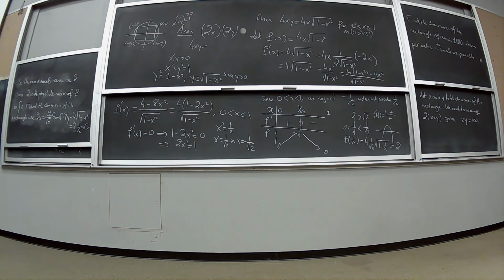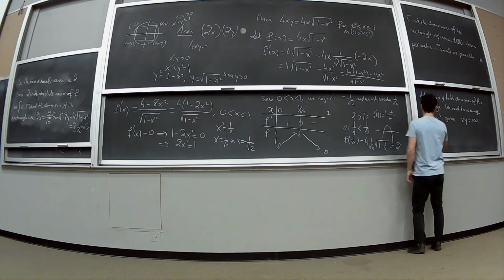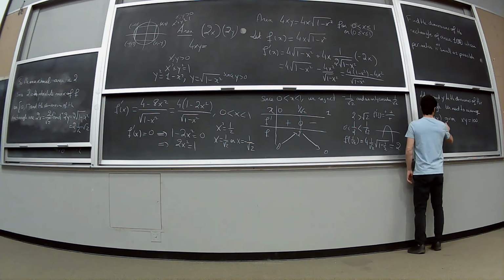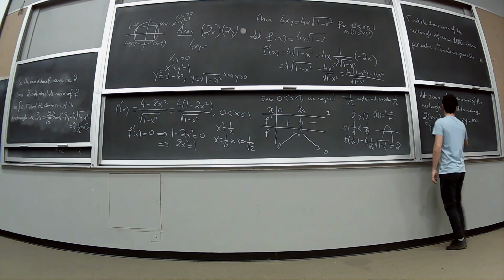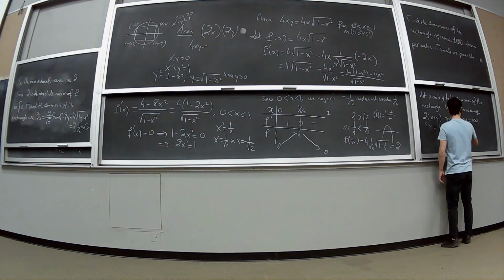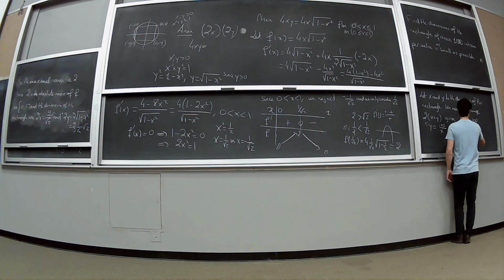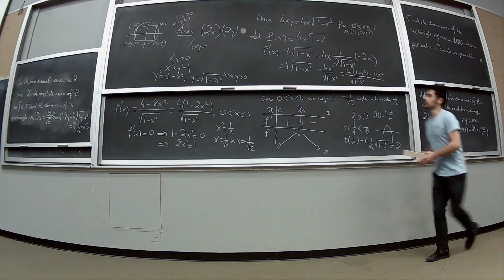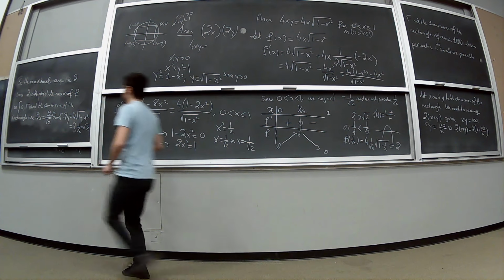Very good. So 2x plus 2y is equal to 2x plus 200 over x. So we need to minimize f of x.